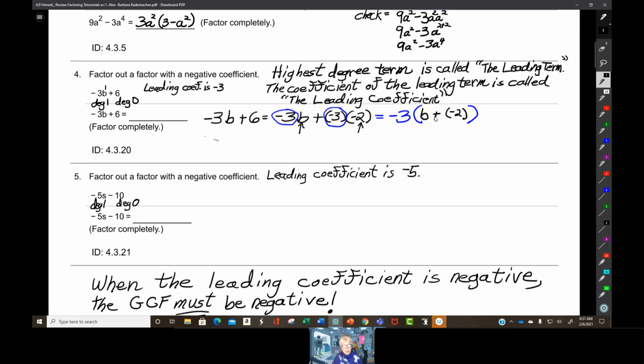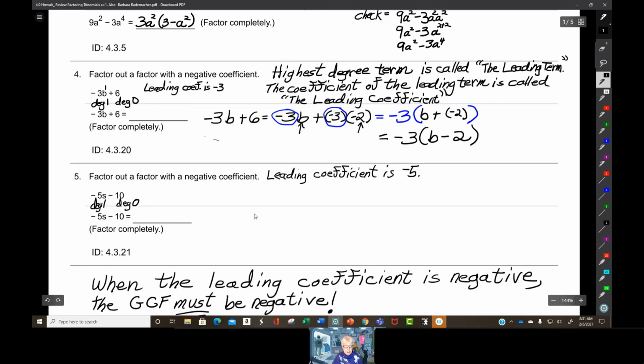And of course, we don't write operation signs together. So that means our final answer is going to be negative 3, parentheses, b minus 2.